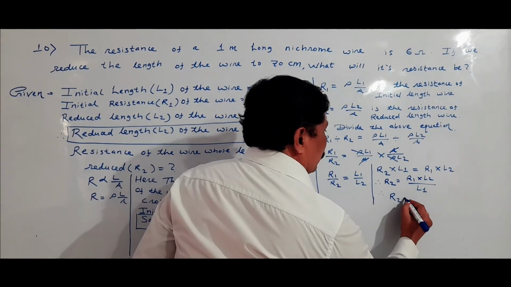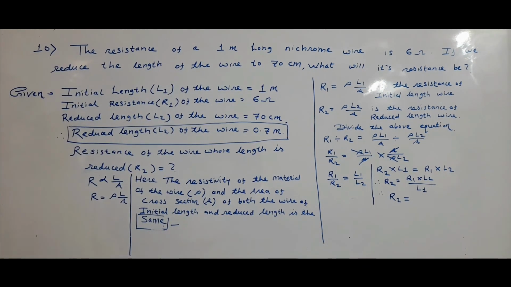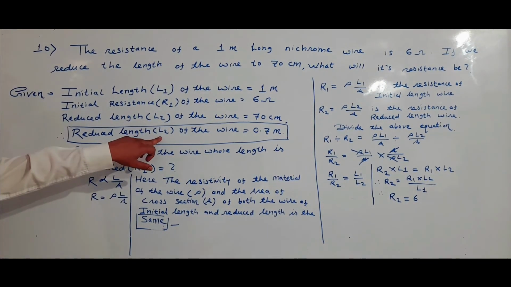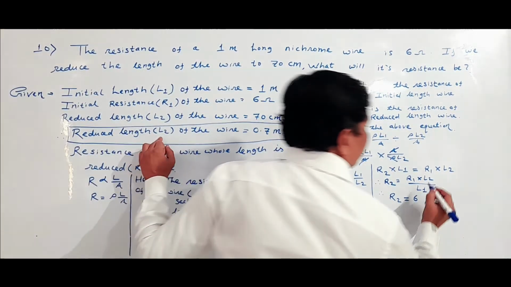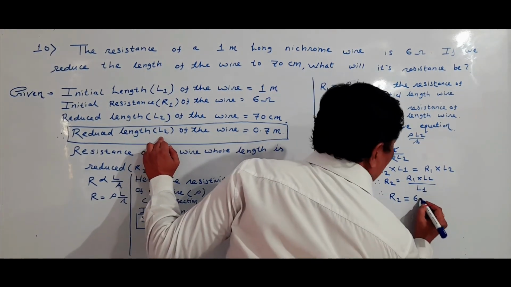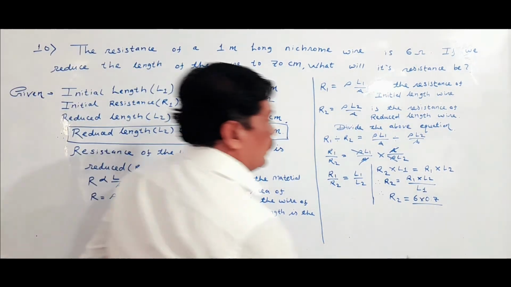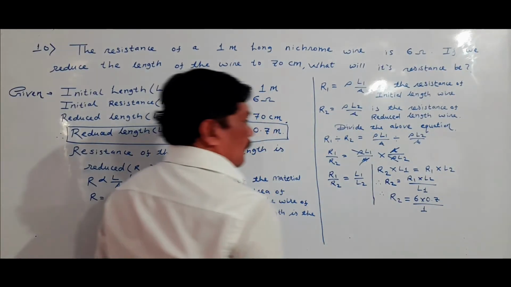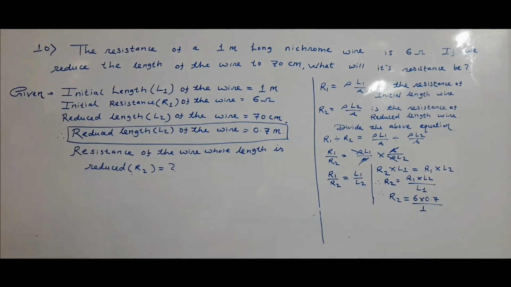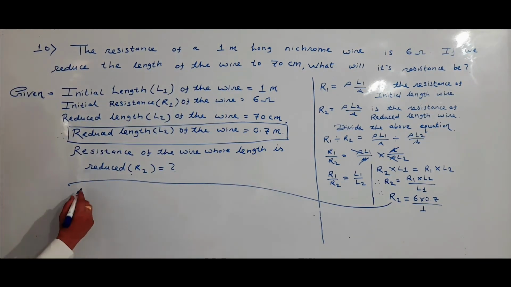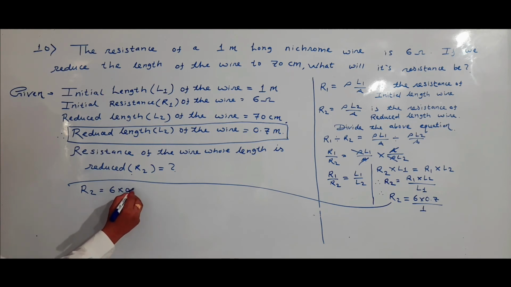Now we'll put the value. Therefore, R2 is equal to R1, R1 is 6, into L2, L2 is 0.7, divided by L1, L1 is 1. R2 is equal to 6 into 0.7 upon 1.